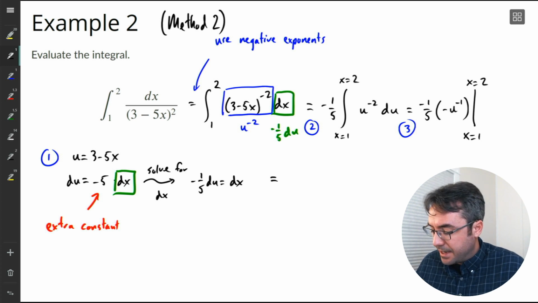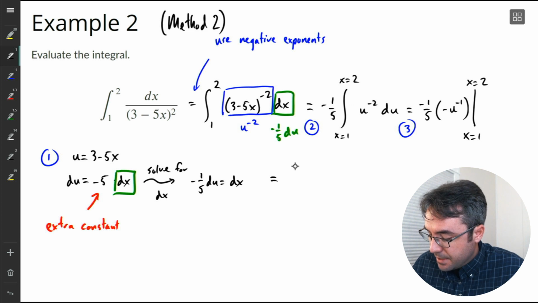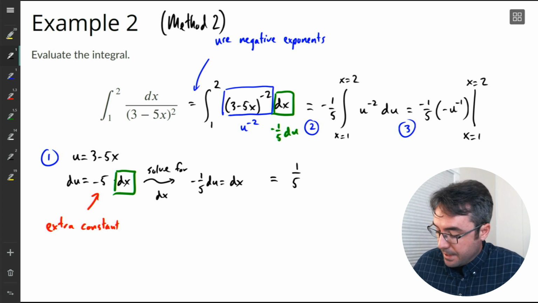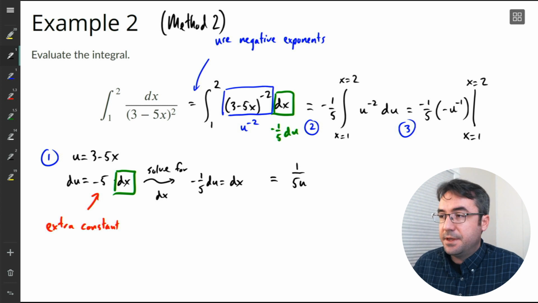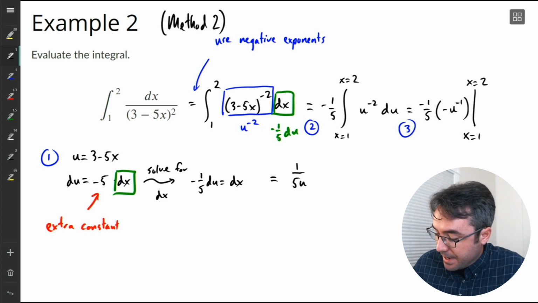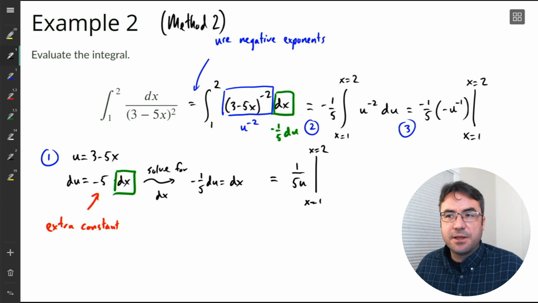So the double negative there will become a positive. And then instead of u to the minus 1, let's write that as a fraction, so it'll be 1 over u. And that way we can combine these into just one fraction. It'll be 1 over 5 times u. And then we're going to evaluate that from x equals 1 to x equals 2. So we just simplified a little bit.